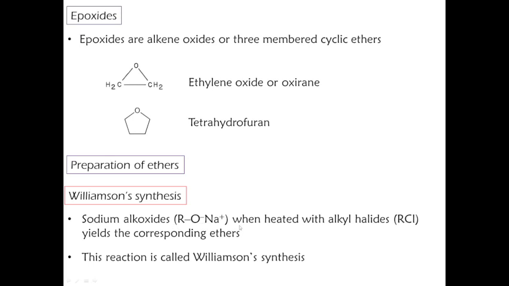So the reaction seems to be simple. Sodium alkoxide reacts with alkyl halide, then the alkyl group of the alkyl halide attaches to the alkoxy group of this compound and sodium halide is removed. Okay, and this reaction is called Williamson's synthesis.